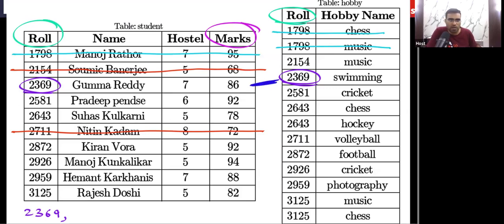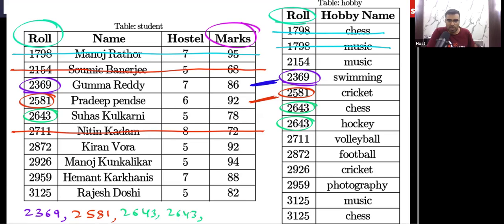What else? What about this? 2589, 2581. Yes, 2581. So this tuple will match with this tuple, and another tuple will come. Next, another tuple will come: 2643.